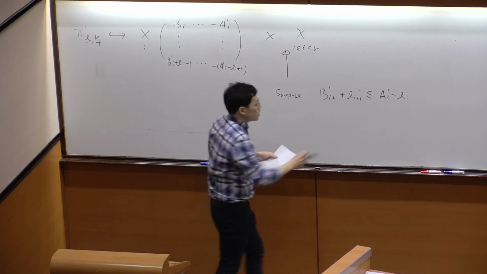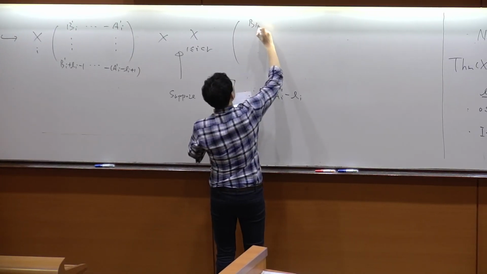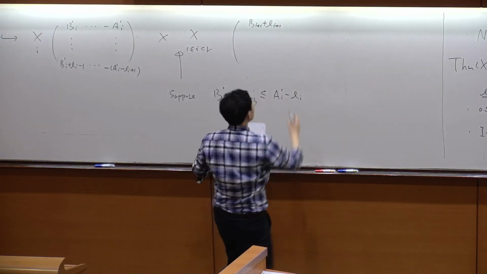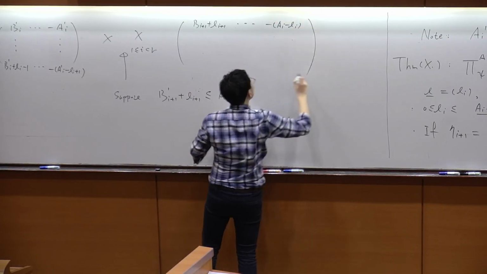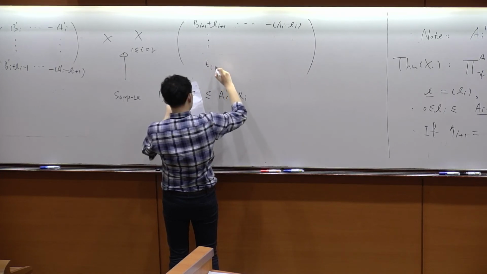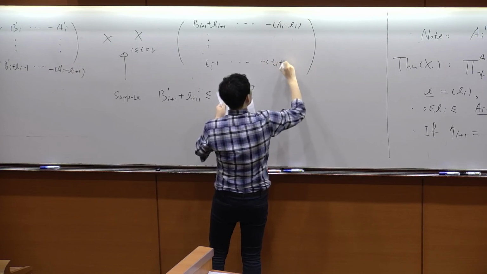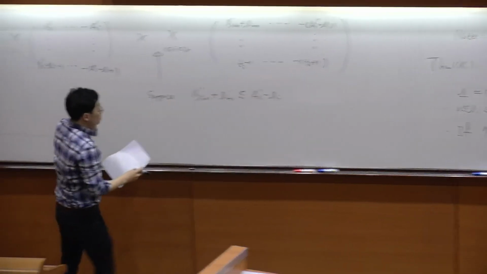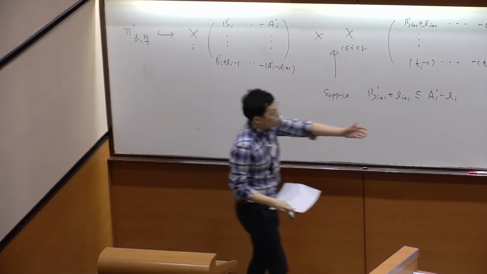Then they will give you a matrix. So this is T_{i-1} and negative T_{i+1}. That's coming from you separating these two.